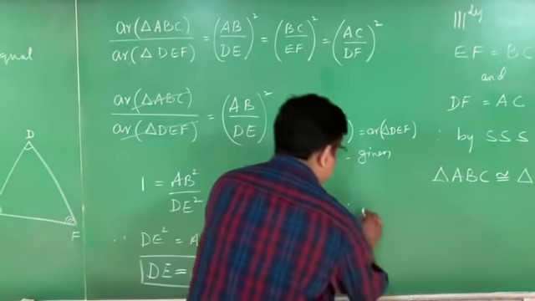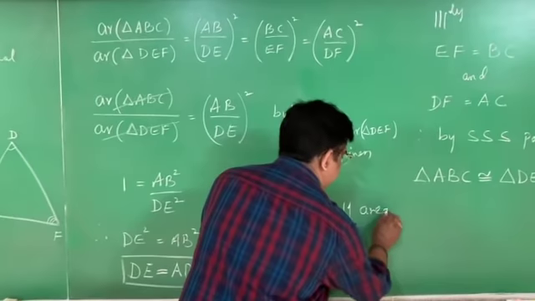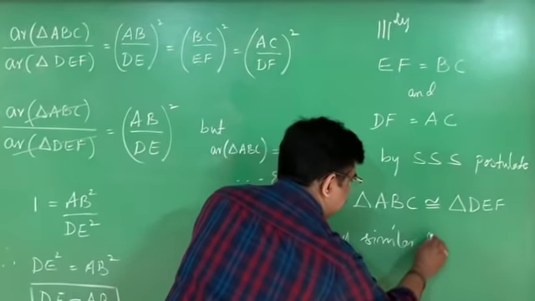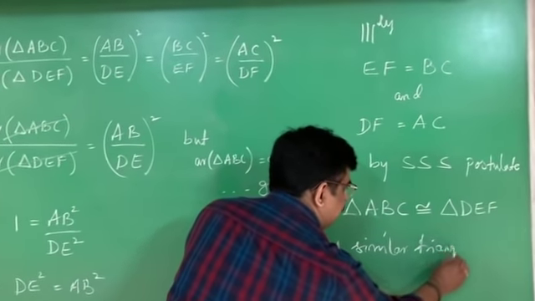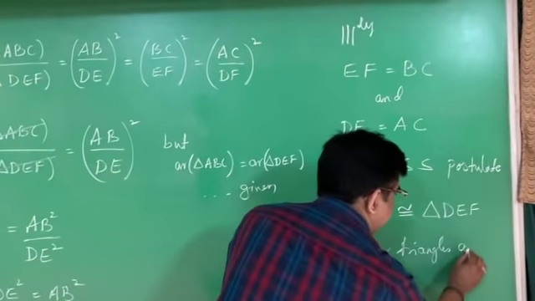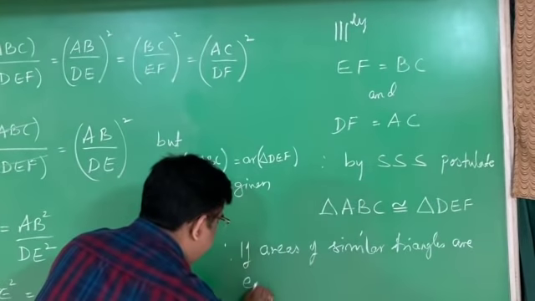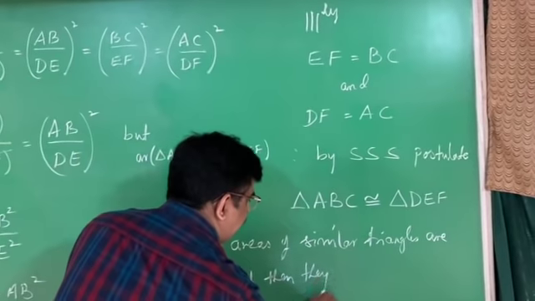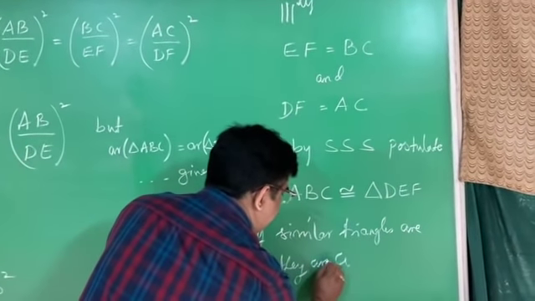Therefore, if areas of similar triangles are equal, then they are congruent.